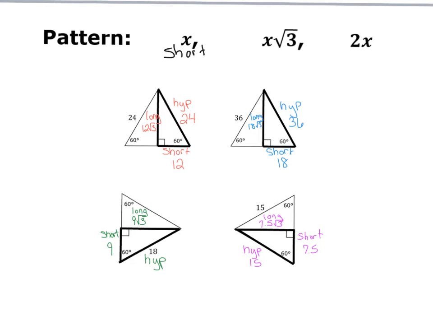What is the x square root of 3? Long leg. And what is the 2x? Hypotenuse. The reason we write the short leg first is because if you know the short leg, all you have to do is stick a square root of 3 on it, you've got the long leg. All you have to do is double it, you've got your hypotenuse.